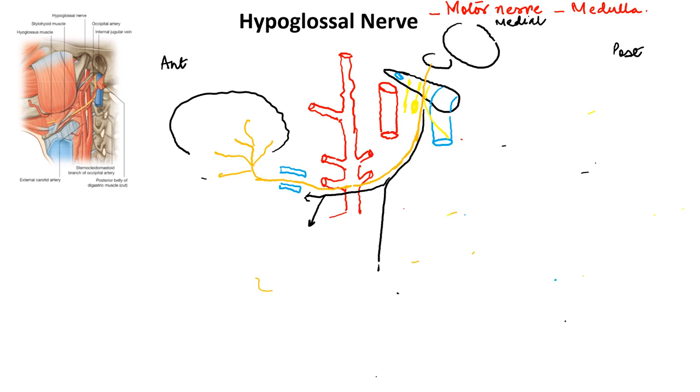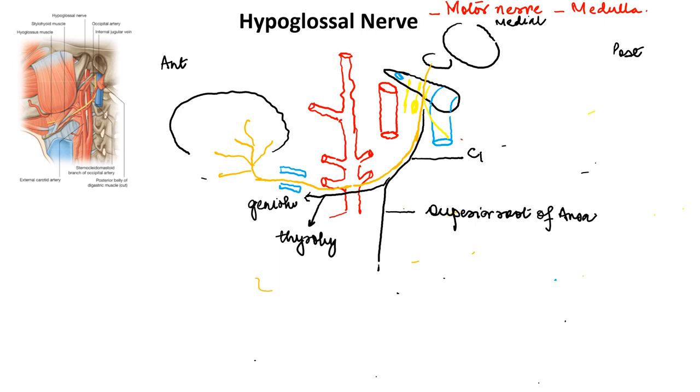So the branches include these C1 fibers which are hitchhiking through it. This is the superior root of the ansa. These are branches for the thyrohyoid, the geniohyoid, and it supplies the intrinsic and extrinsic muscles of the tongue. So it's a purely motor nerve.